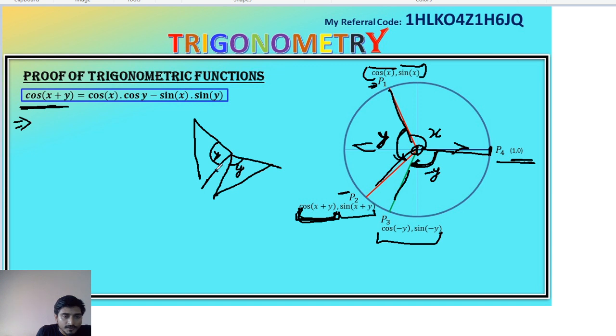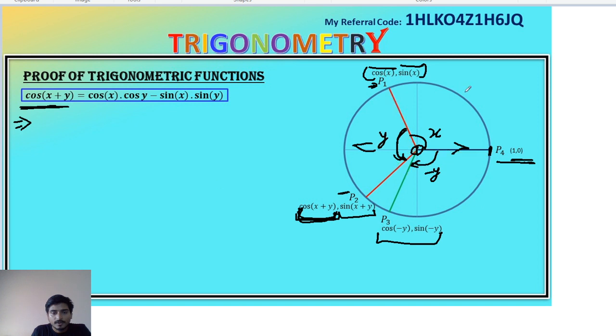Now if we take this as theta, this complete angle is y plus theta, while this complete angle is also y plus theta. So the angle from P1 to P3 is completely y plus theta, and the same way from P2 to P4 it is again y plus theta. Is it clear, everyone?